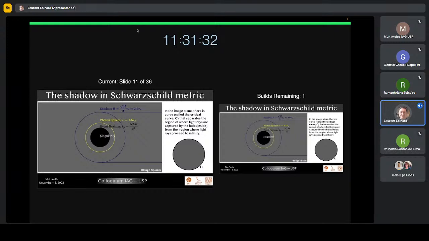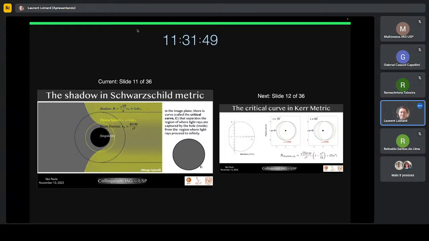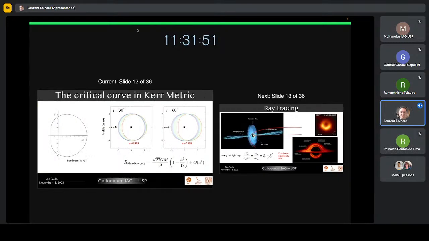And then you have the region outside of this, which are light rays that do go to infinity. Okay? The curve that separates those two regions is marked by C here, and it's called a critical curve. It's a circle in the case of a Schwarzschild black hole, but it's not a circle in the case of a rotating black hole. It's a more complicated shape like this.